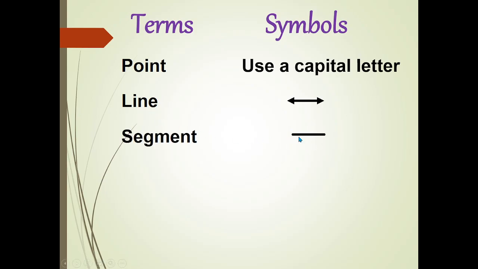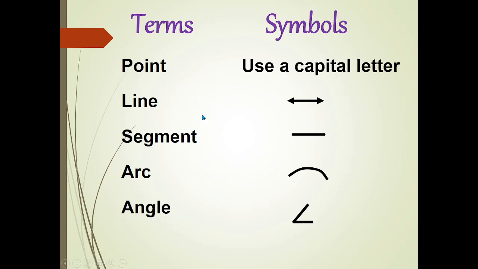Same with segment, we do this one on top of two capital letters. Then we have an arc here. And then obviously you know the symbol for angle already, isn't it? So it is best to use these symbols to represent these terms.